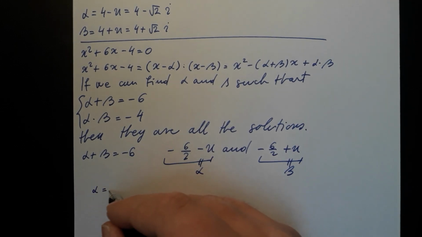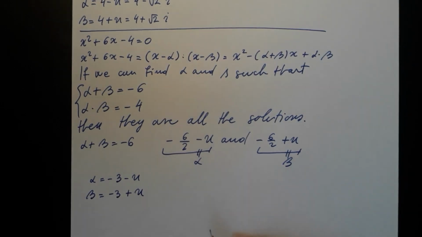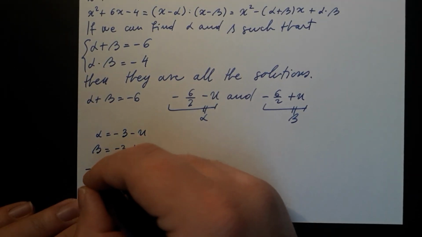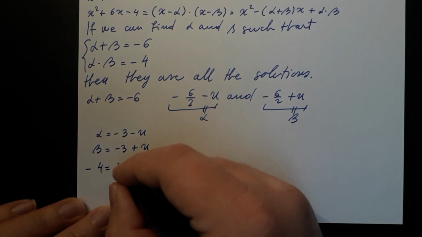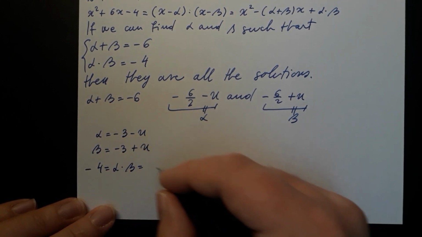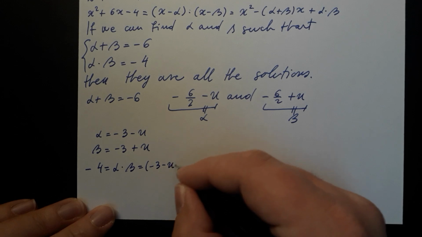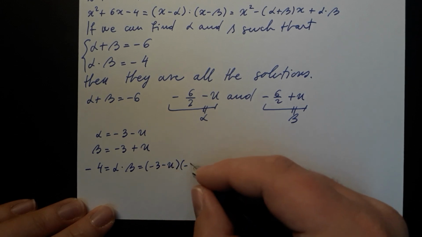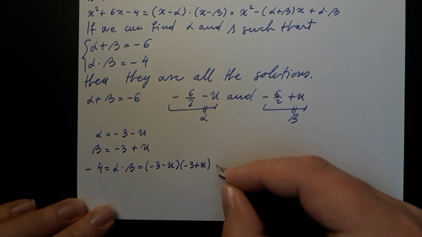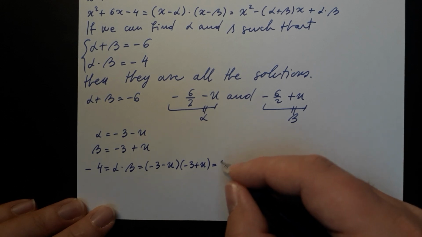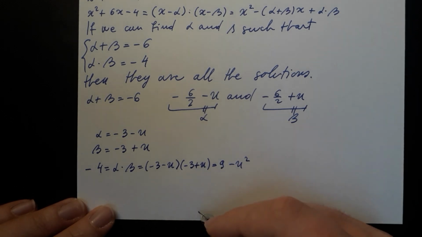So alpha is equal to -3 minus u and beta is equal to -3 plus u. From the second equation we then get that -4 is equal to alpha multiplied by beta, which is (-3 minus u) multiplied by (-3 plus u). This is equal to 9 minus u squared.